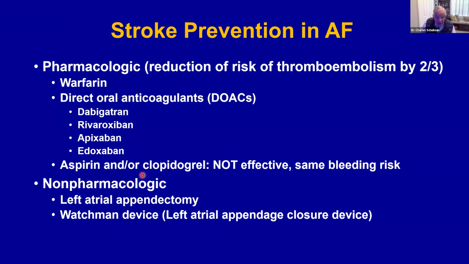Aspirin or clopidogrel are not effective. They've been specifically tested for this condition. They are not effective and carry the same bleeding risk as the others. So do not use aspirin or clopidogrel or the combination for treating atrial fibrillation.